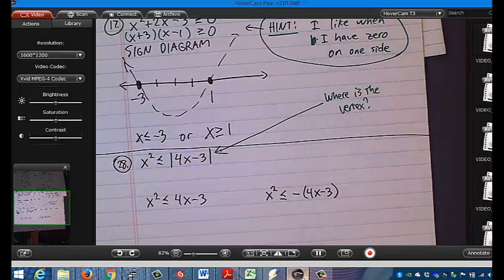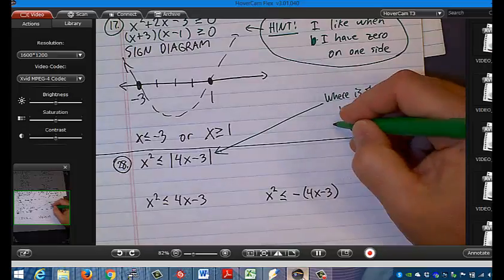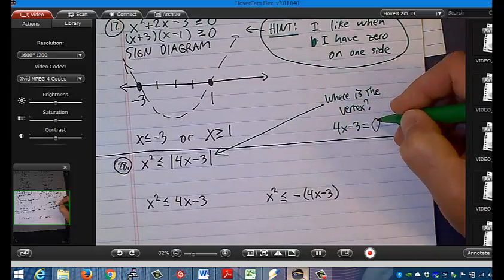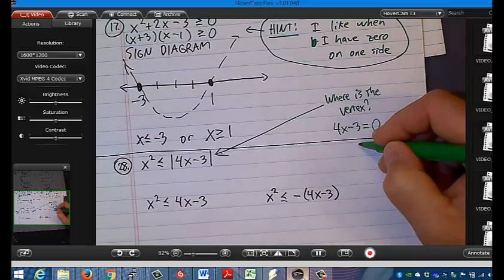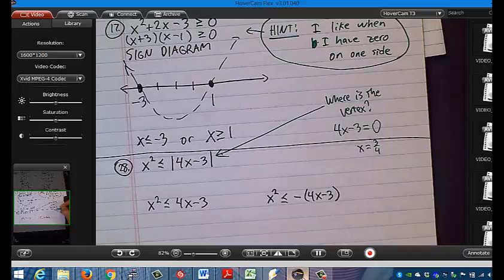What's the magic number that you'd put in, and you could be in either case? Kelby? Yeah. Do you see how she got that? She knows that it's when the 4x minus 3 is equal to 0. And if you solve that, you get x is 3/4. That's the good point, right? That's the one that could be in either case.